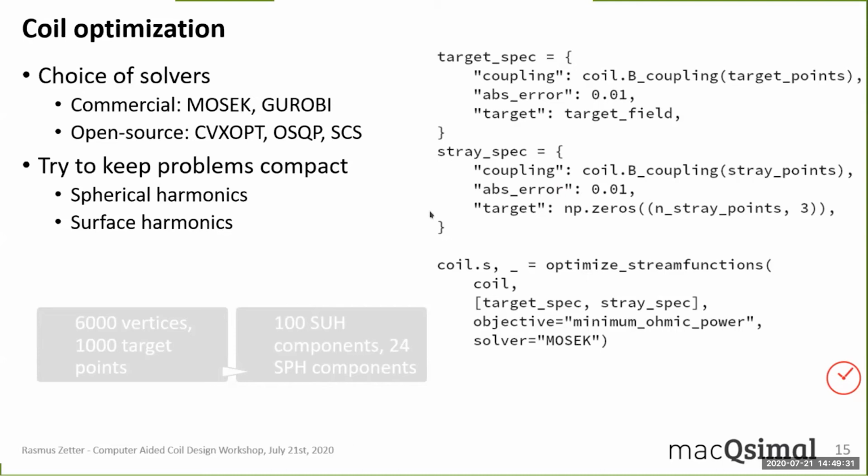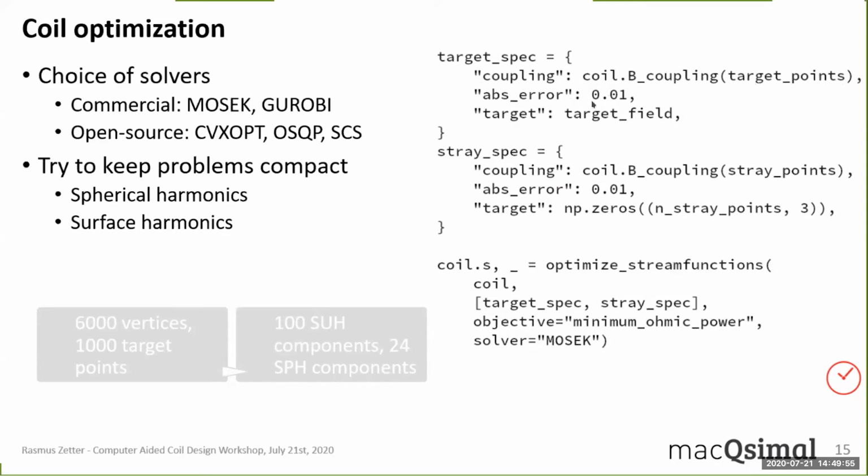On the right side here, I just show a small snippet, a demo of how things look in the bfieldtools code. So if we want to optimize a coil, we first give it some specs. This is a Python dictionary. We have a coupling, which is here the B field coupling at some target points, and this is an inequality constraint.